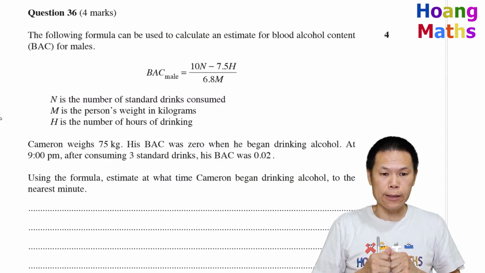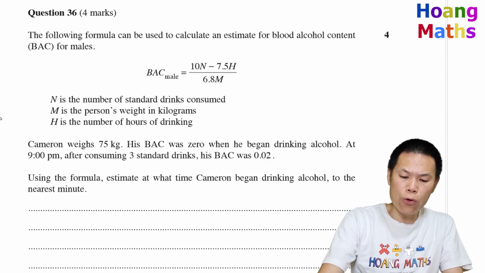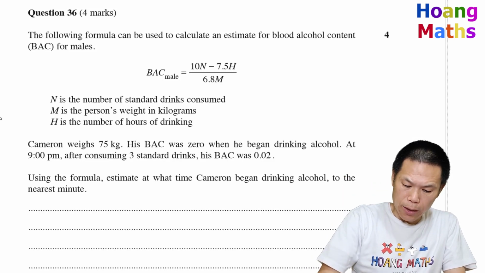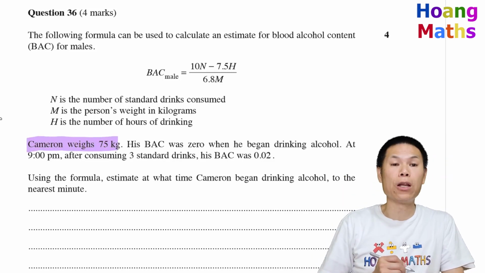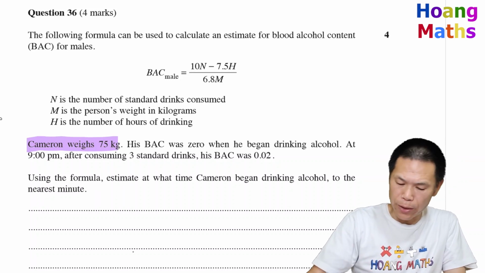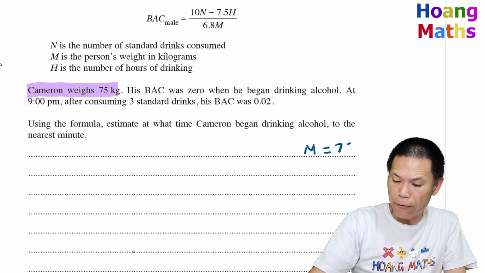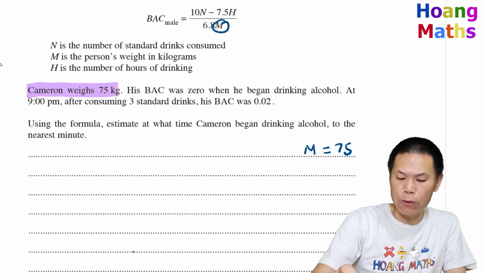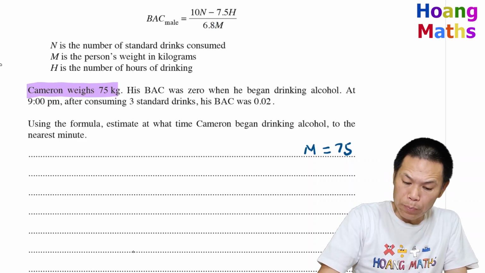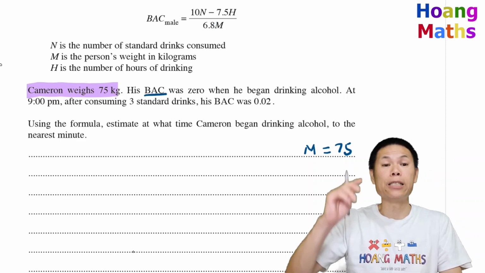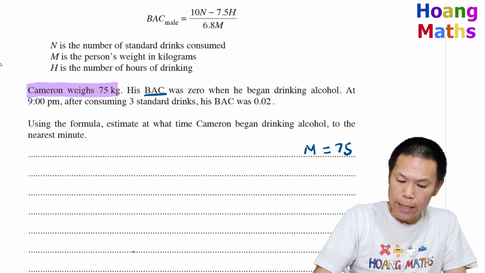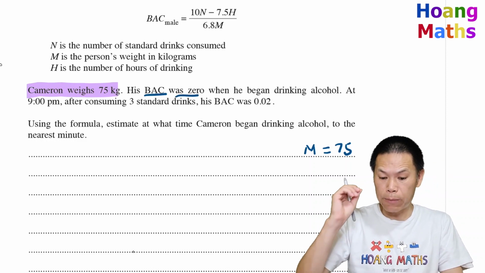Question 36. So first of all, we know that Cameron weighs 75 kilograms. So let me just write this down. M is 75. This M here is the weight. And the BAC, that is blood alcohol content, was 0 when he began drinking.